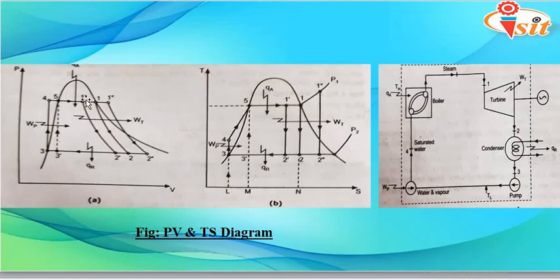Now coming back to these 3 lines which are indicated here. Basically all these 3 processes are similar to process 1 to 2 that we have discussed: 1 dash, 2 dash, as well as 1 double dash and 2 double dash. Just the thing is that we have to consider what quality of steam we are having at point 1, where the steam is entering into the turbine.